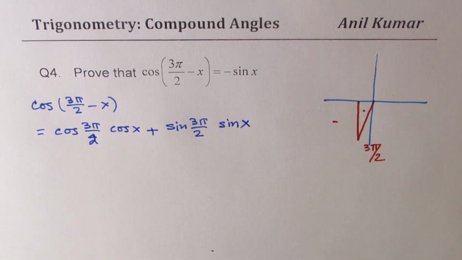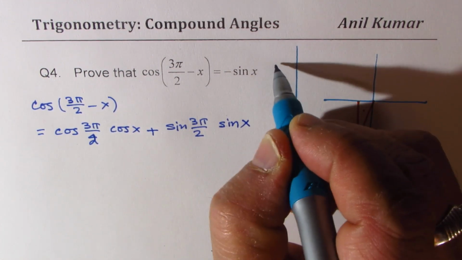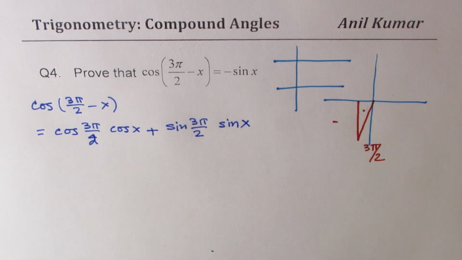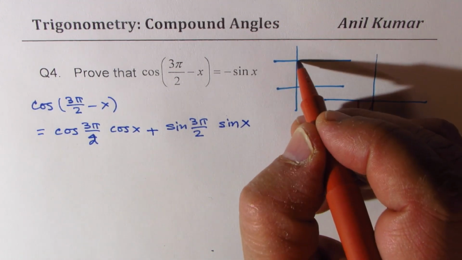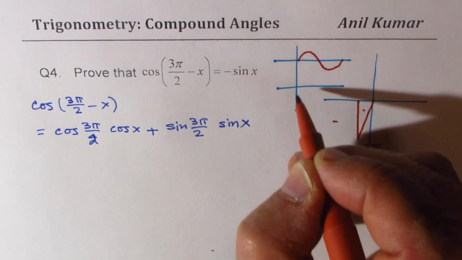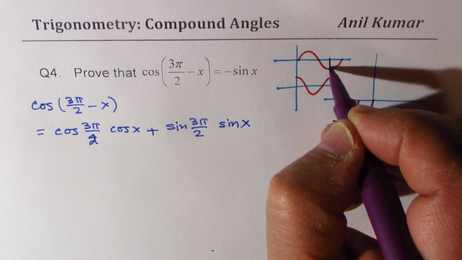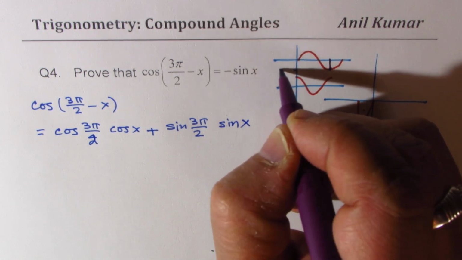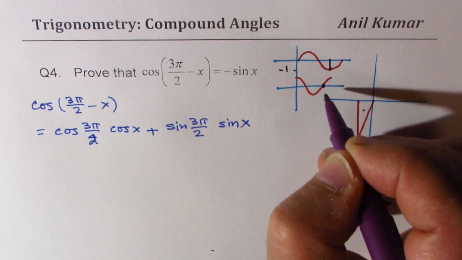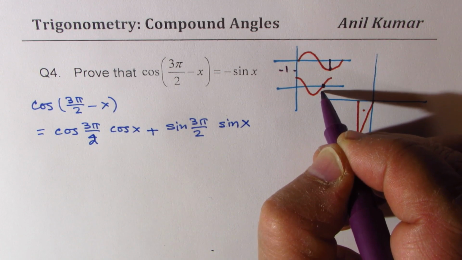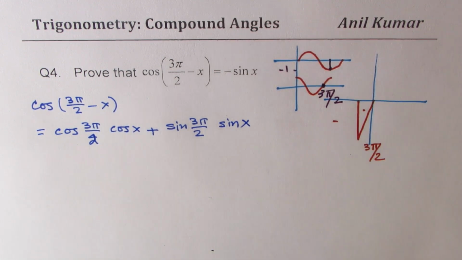Now, for finding the angle 3 pi by 2, how do we do it? So best way is to sketch sine and cosine functions. So the sine function is kind of like this, the cosine function is like this. So as far as 3 pi by 2 is concerned, for sine it is negative 1 and for cosine it is 0, right? So that is 3 pi by 2.